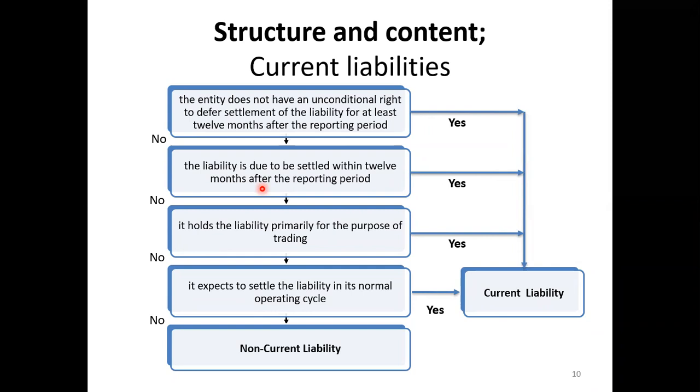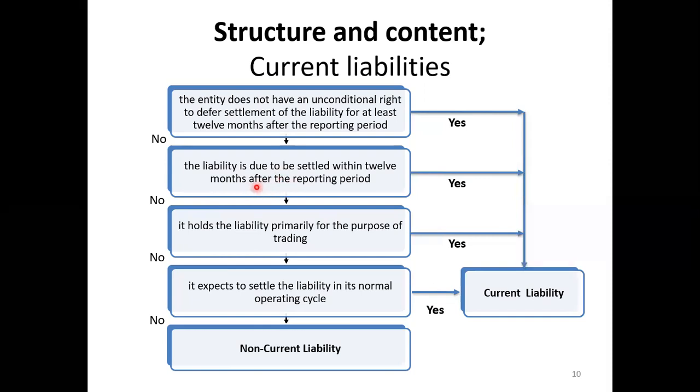Even though I have rights to postpone, if not more than 12 months, again it falls under the current liabilities. I can postpone for 1 month or 2 months, but I can't postpone beyond 12 months. If the answer is yes, it goes to the current liability.